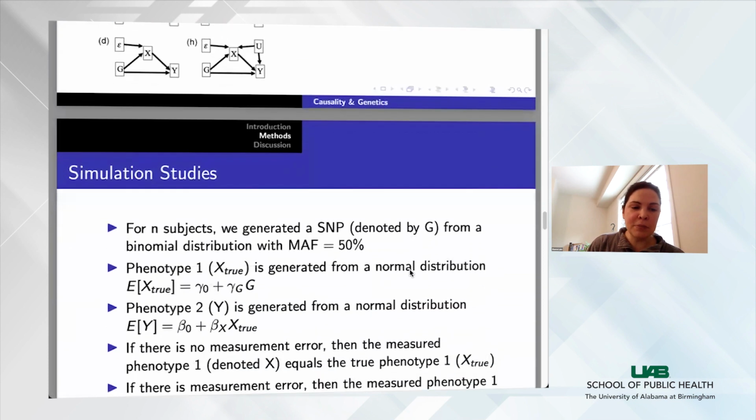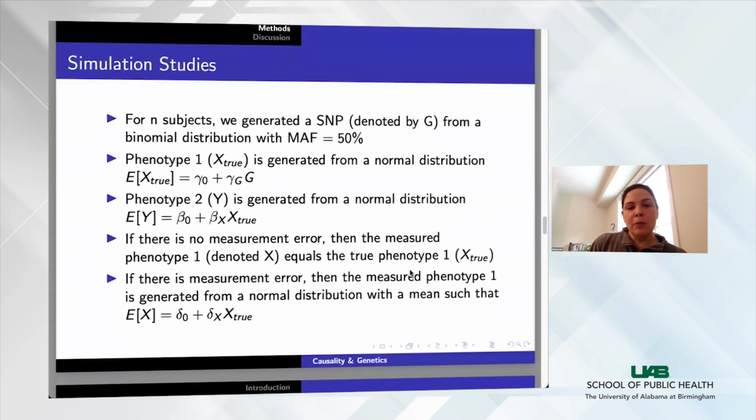For our simulation studies, we wanted to match closely what was done in the original paper. We generated N subjects and the SNP G from a binomial distribution with a minor allele frequency of 50%. Our phenotype 1, X true, we generated from a normal distribution such that the mean of X true is gamma naught plus gamma G times G, our SNP.